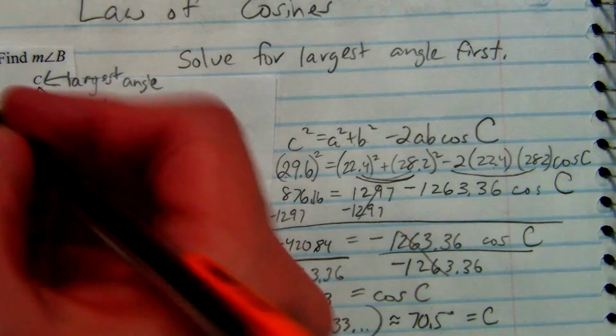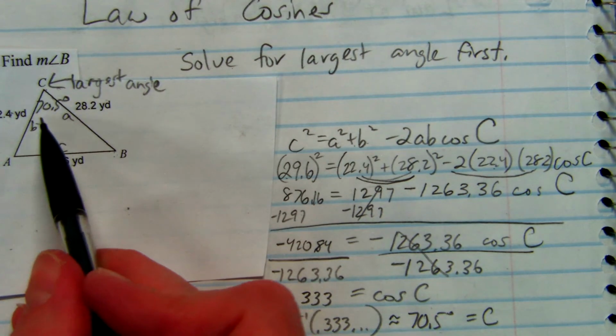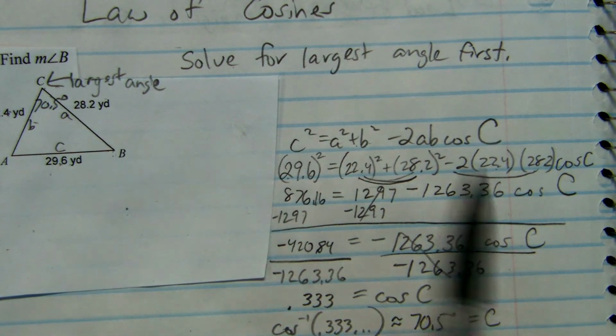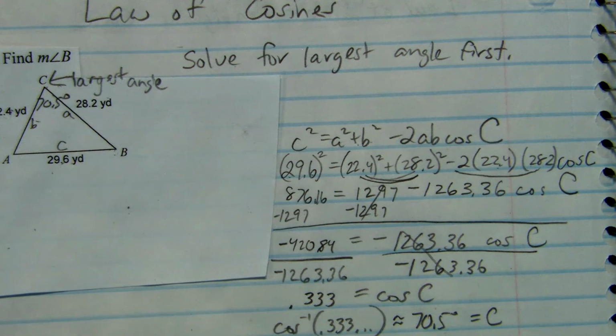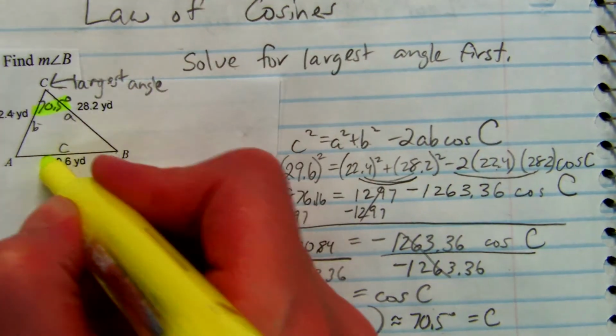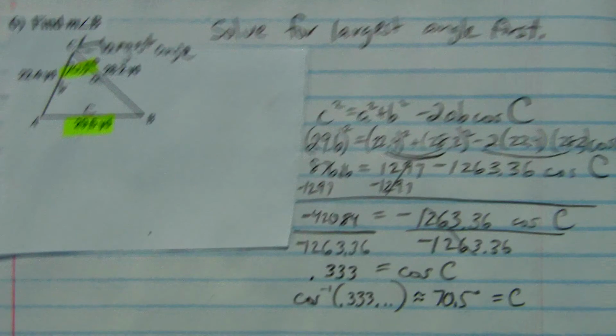So we have to remember what we're solving for. So this is 70.5 degrees. I'm going to put it up there on the picture. And then they want us to solve for angle B now so we can set up the law of sines. The 70.5 we just found would go with this, and that can be the first half of our proportion.